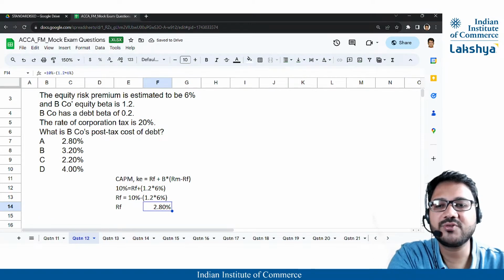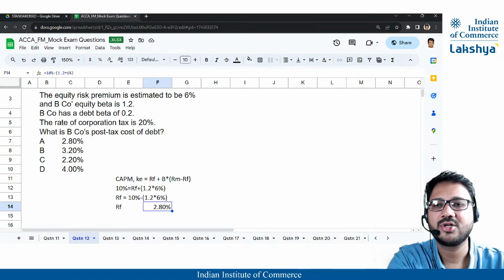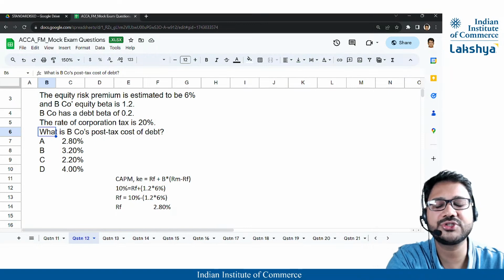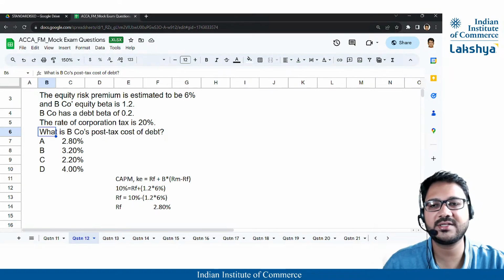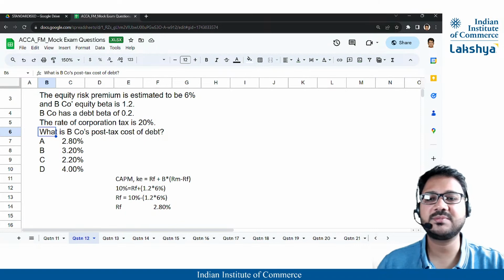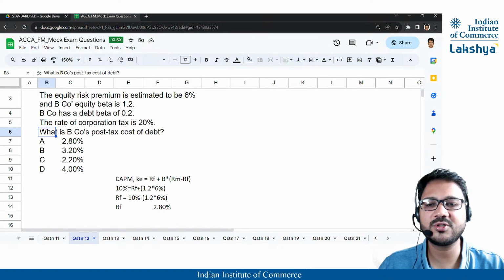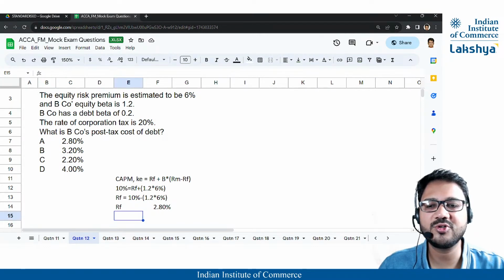Now you can use this to arrive at the post-tax cost of debt. I know that using CAPM, we usually do not calculate cost of debt, because beta is always assumed to be zero. However, here the debt beta has been explicitly given, so we are going to use that.